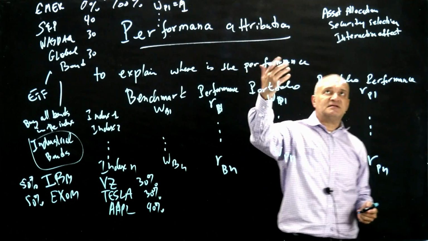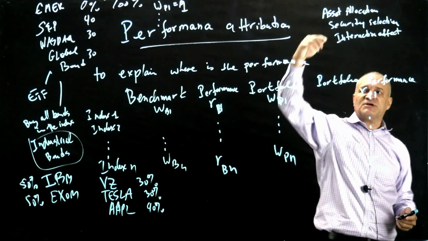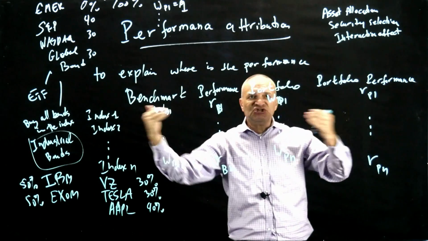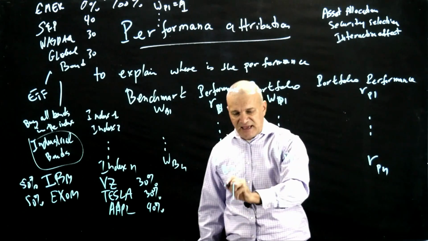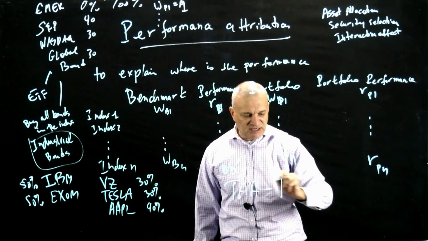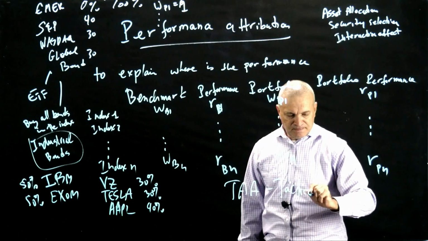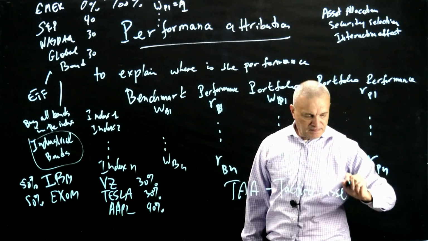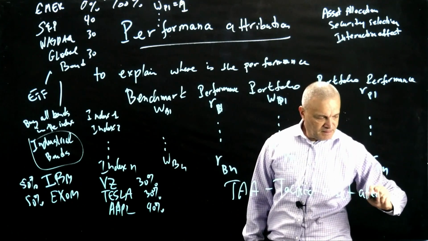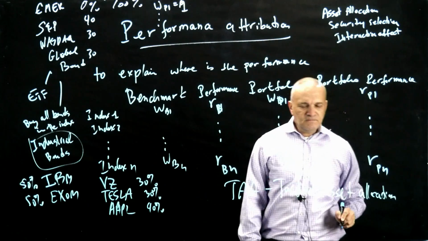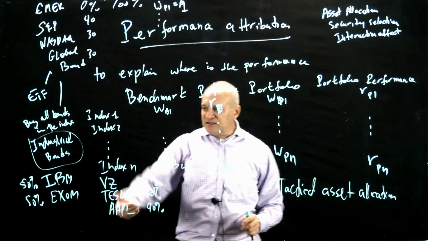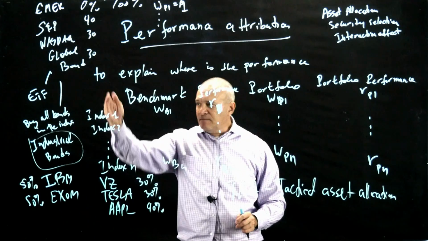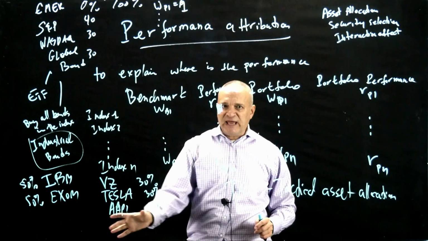So in class I discussed that asset allocation is basically what we call TAA. TAA is tactical asset allocation. In that case, you invest in the indices, but you just modify the weights.